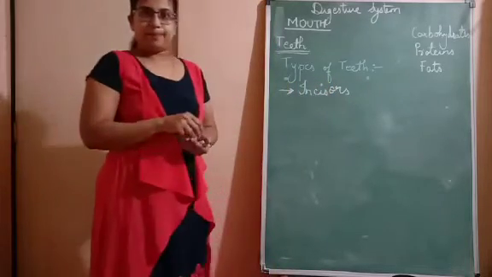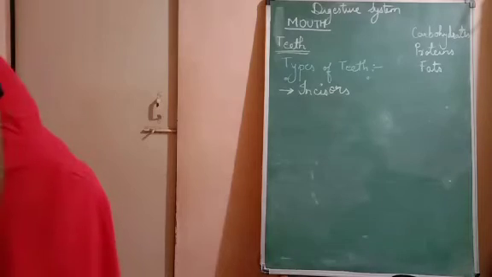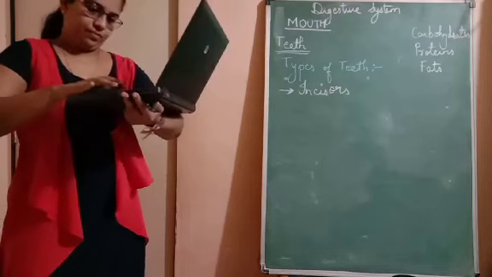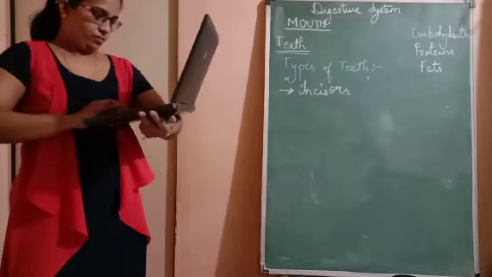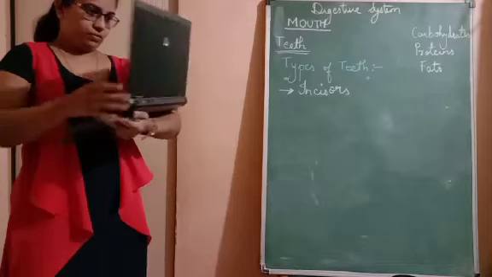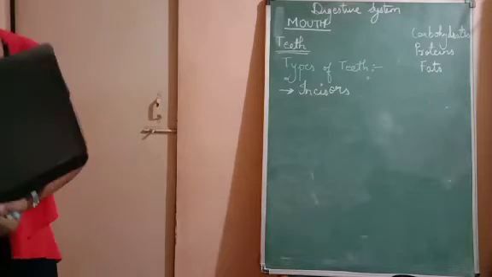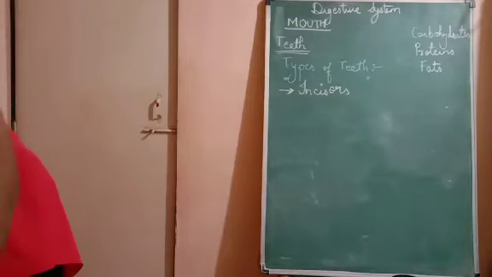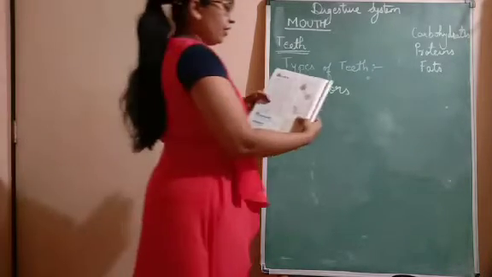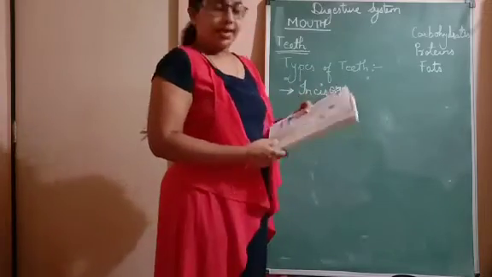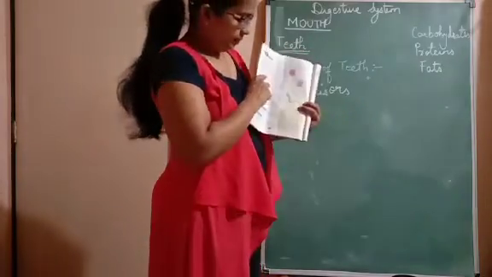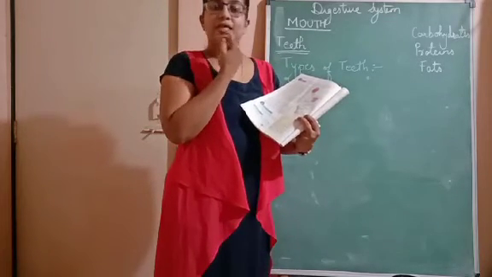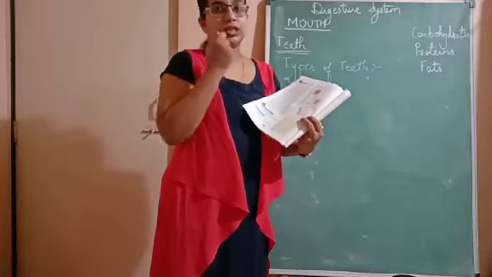This is the first type. If you look at the diagram which is given on page 84, you will see here this is the incisor, the front four teeth present at the bottom and the four teeth at the front.